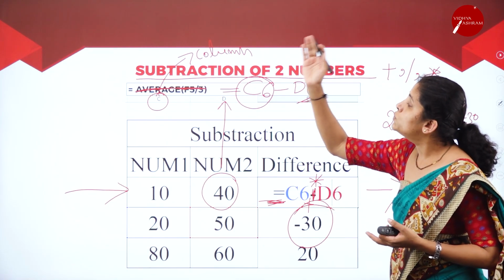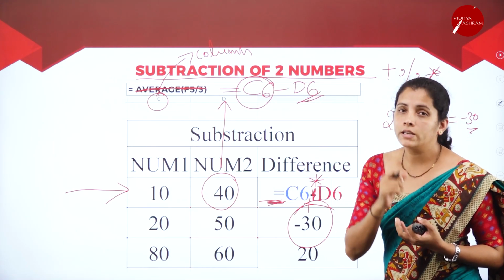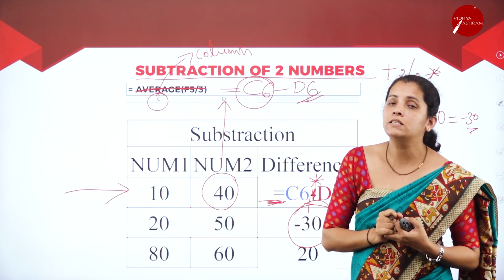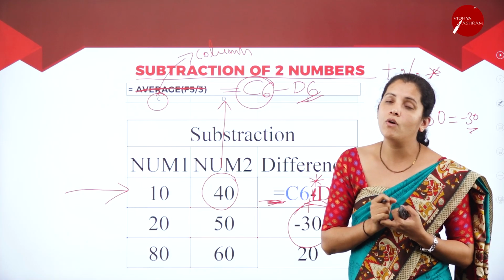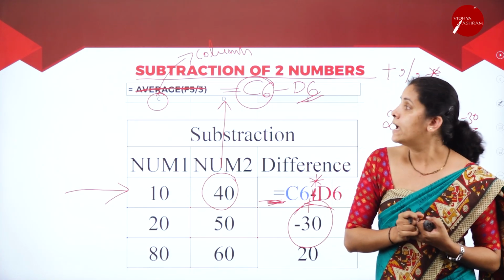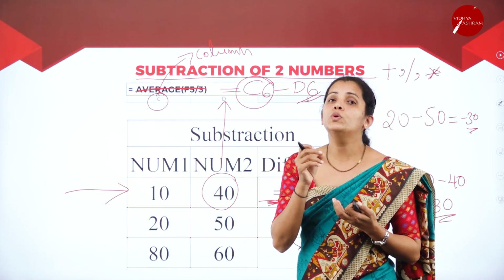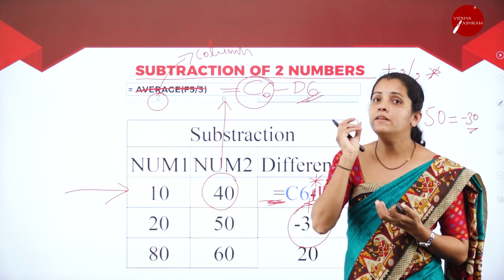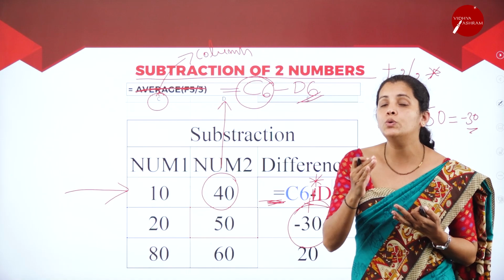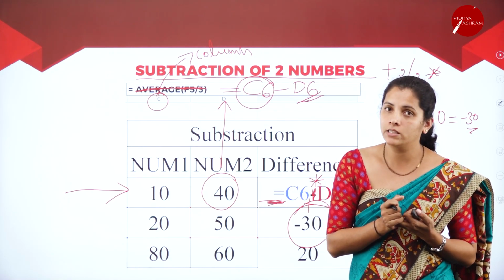So dear student, in today's session, we started with what is formatting and how to format the text, and what are the different kinds of text formatting options we have. Along with that, we discussed how to use formulas. In formulas, we discussed how to use the built-in functions like average and sum.